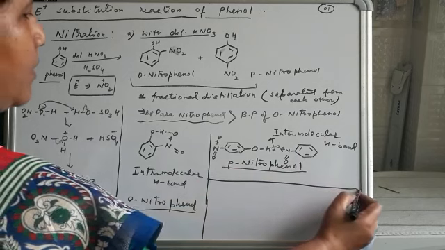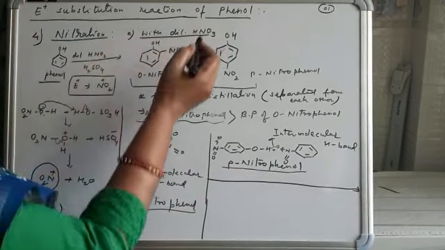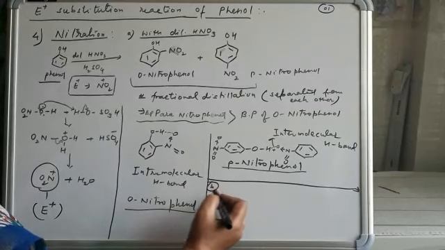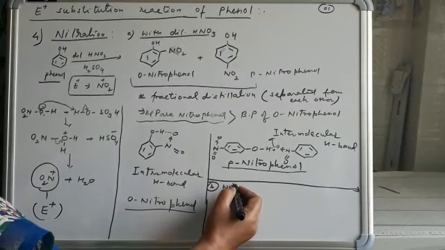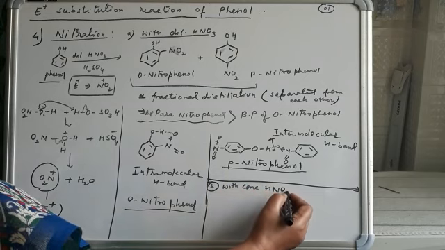With the number A, dilute nitric acid, and number B, concentrated nitric acid.